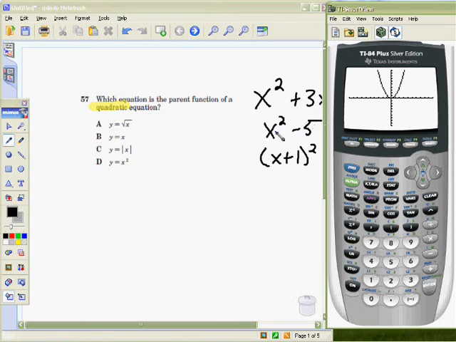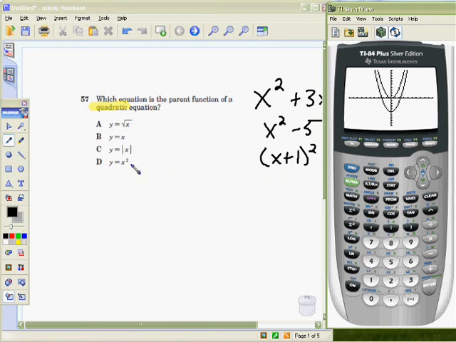So when I graph any of these other functions here, such as x squared minus 5, when I graph that, it's still going to have that basic parabola shape, but it's going to be shifted 5 units down on the y-axis.